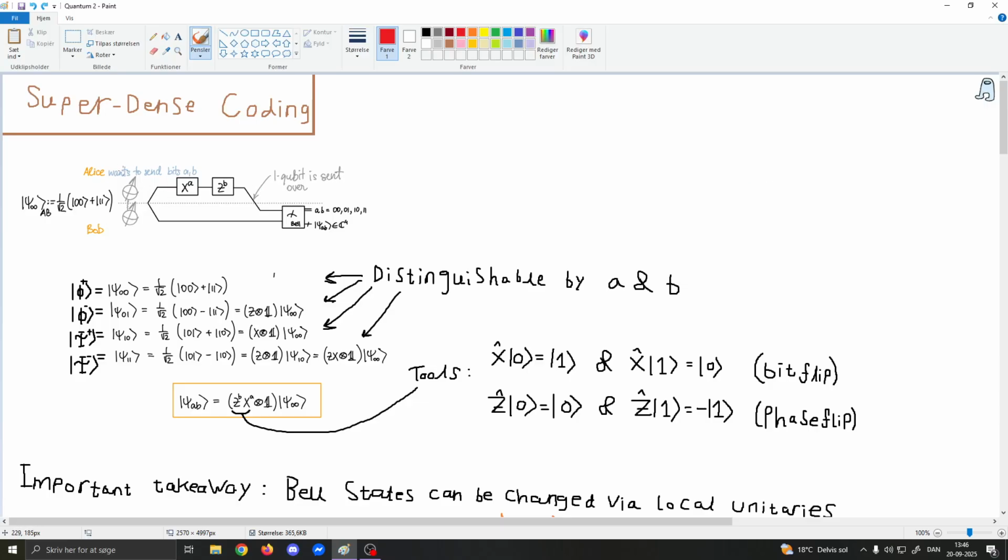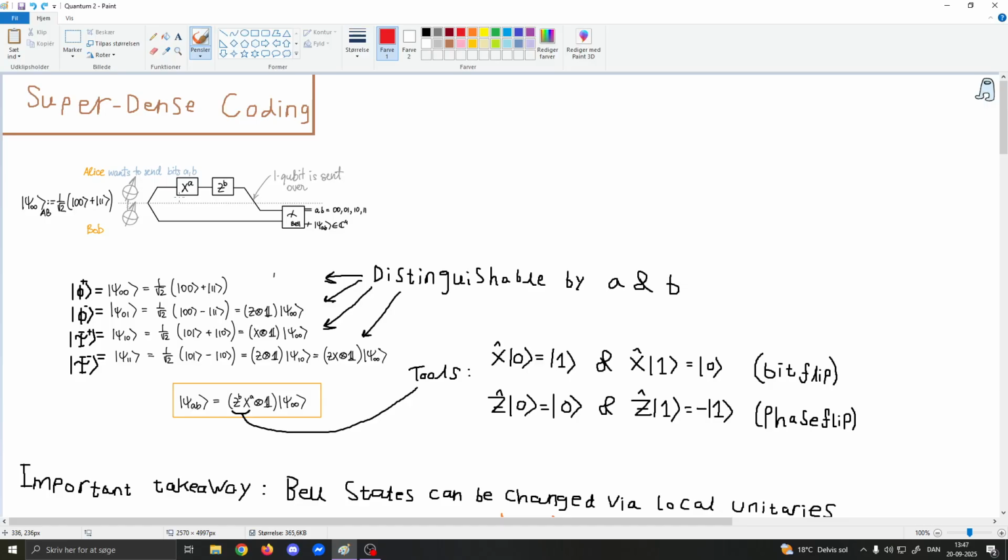Now, Alice wants to transfer two classical bits of information to Bob by giving him a single qubit of information. The way she does this is that she knows her qubit is entangled with Bob's qubit. She performs up to two unitary transformations.